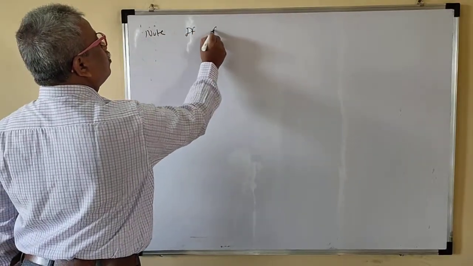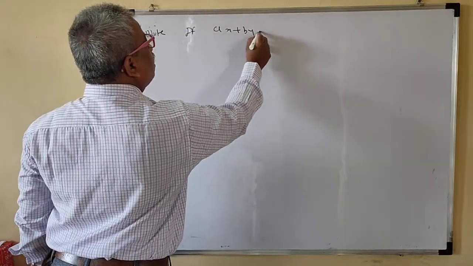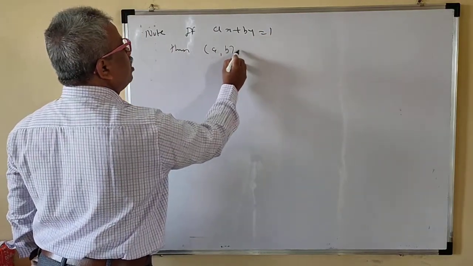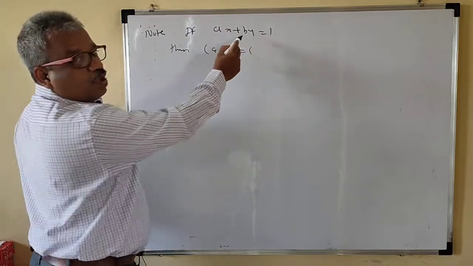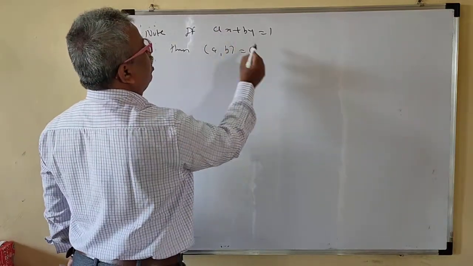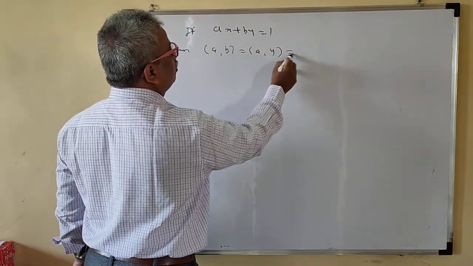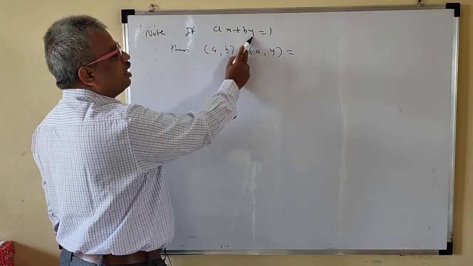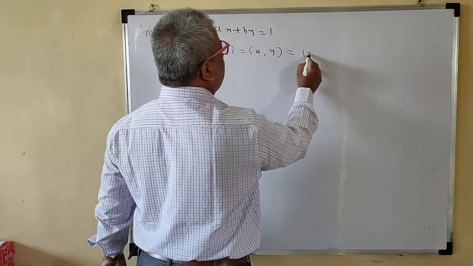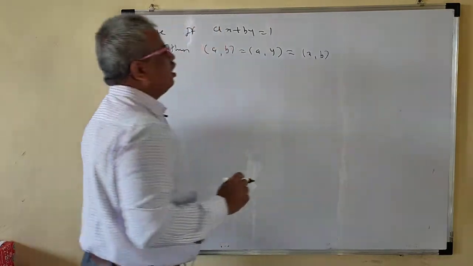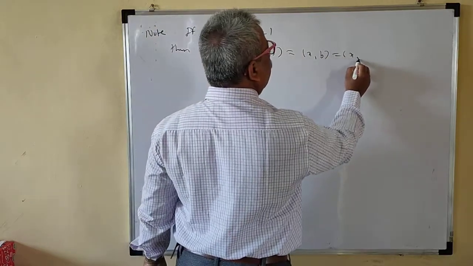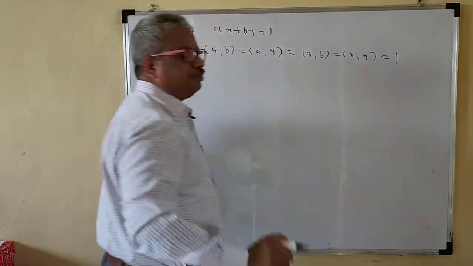If AX plus BY is equal to 1, then GCD of A and B is equal to 1, from this and from this one. So with A I have taken B, and with X I have taken Y. So this is 1.